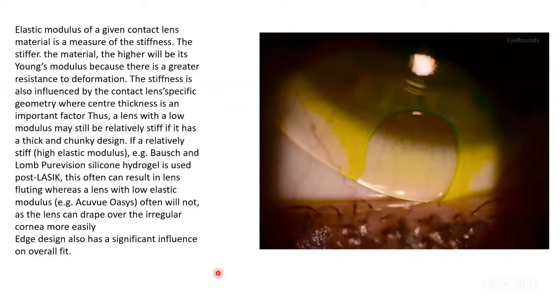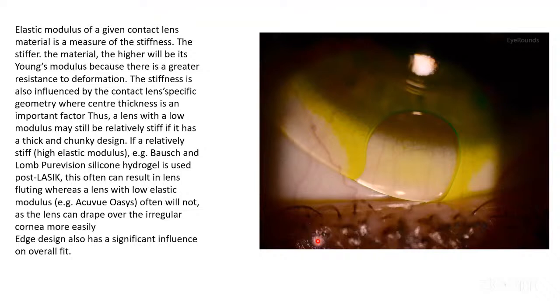One important point I want to highlight here is the bubble trapping, the air bubble trapped under the contact lens, which is also called fluting of the contact lens. The elastic modulus of a contact lens measures the stiffness of the lens.